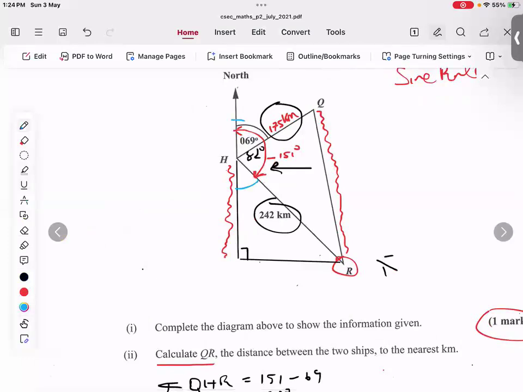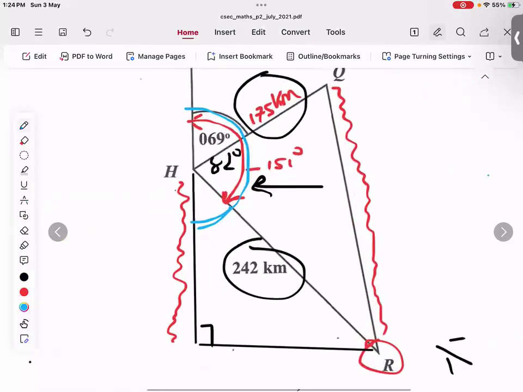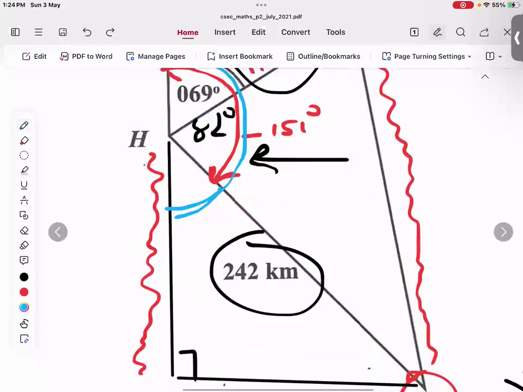Remember that all of this angle measures 180, and you have 69 and you have 82 already. So add up 69 and 82 and take it from 180 and tell me how much you get. 29. This angle right here is 29 degrees.